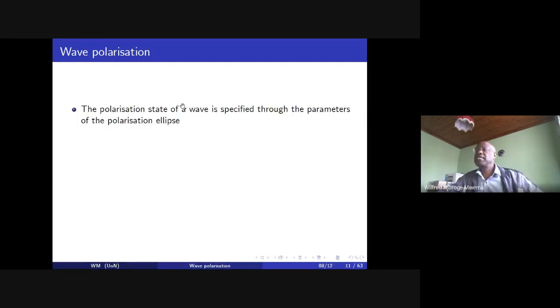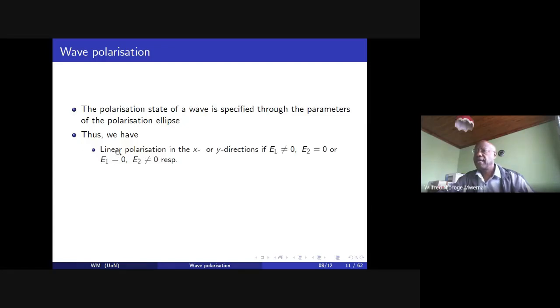The polarization state of a wave is specified through the parameters of the polarization ellipse. And thus, we have one, linear polarization in the x or y direction if E1 is not equal to 0 and E2 is equal to 0, or E1 is equal to 0 and E2 is not equal to 0.